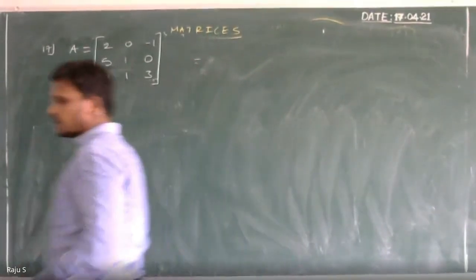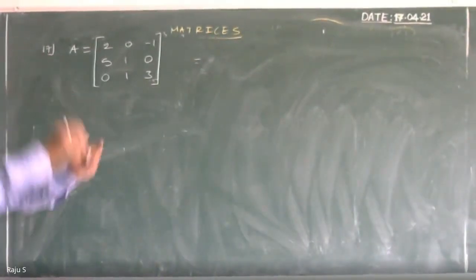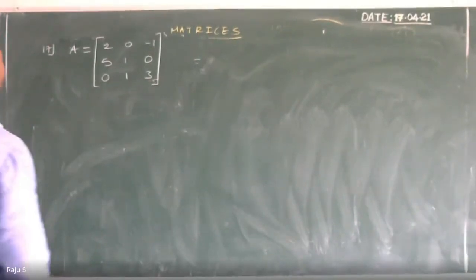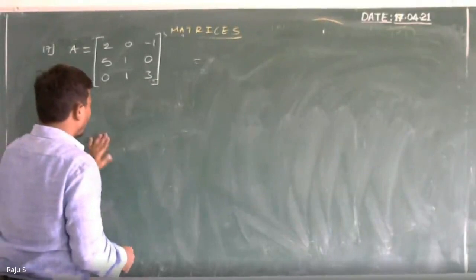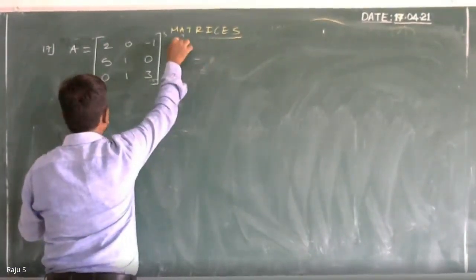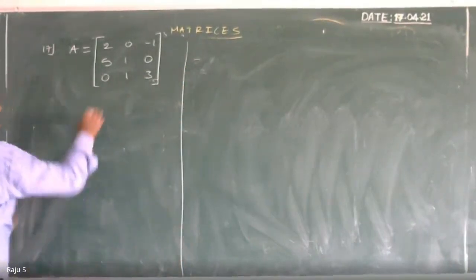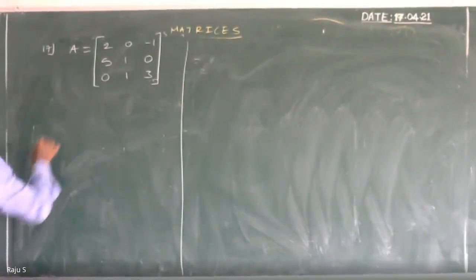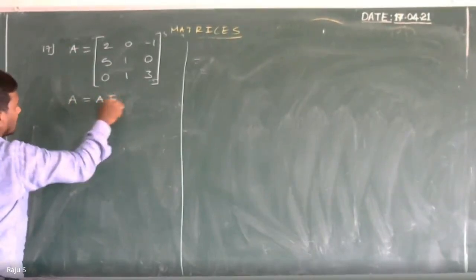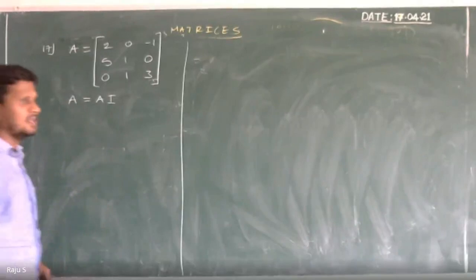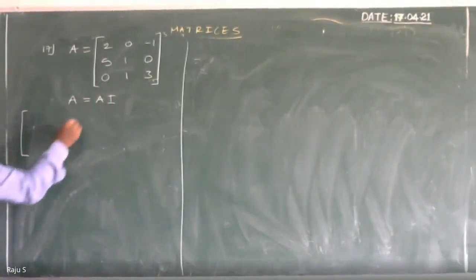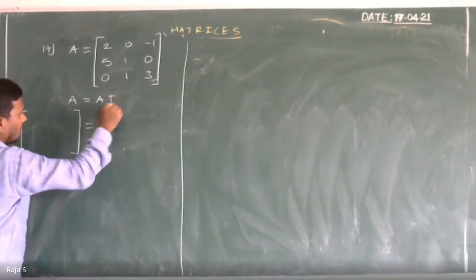Here also same, using the diagonal elements. Then we can use the column transformations, then find the inverse of a matrix. So if you want to apply the column transformation, you can write A is equal to A into I, not I into A. Identity matrix must be right side of A. Substitute here A matrix is equal to A into identity matrix.